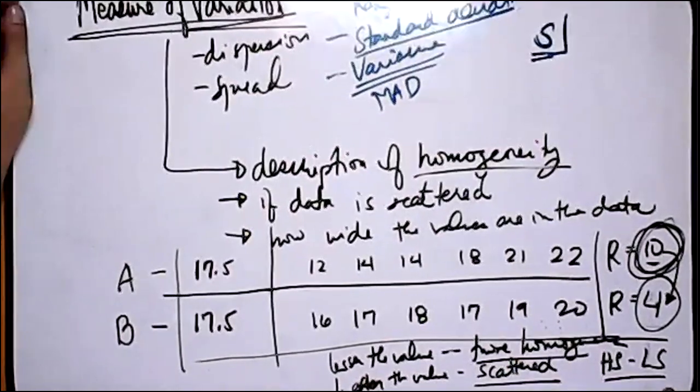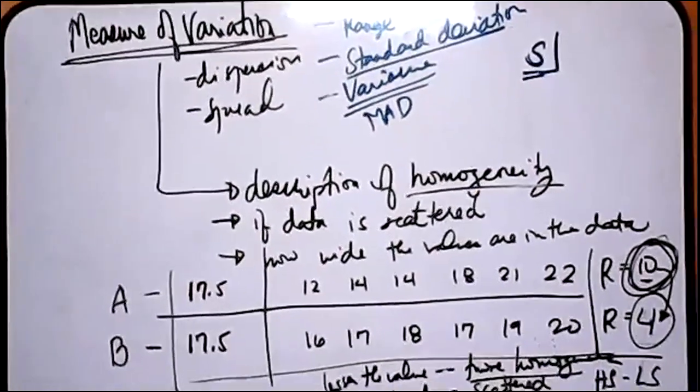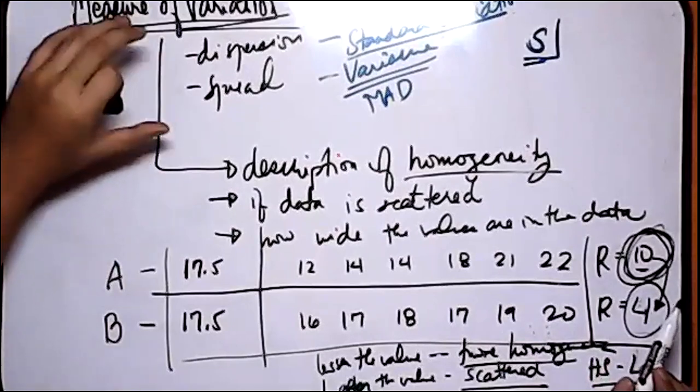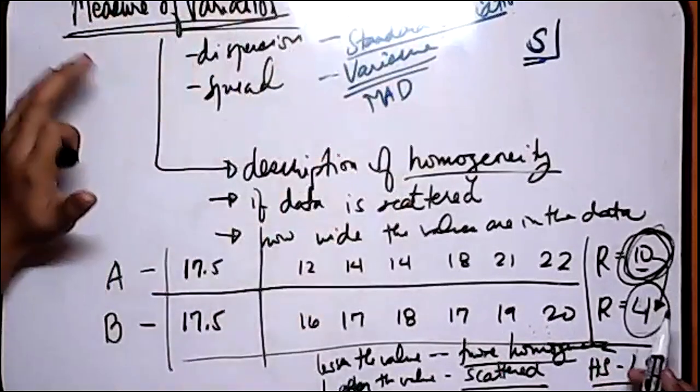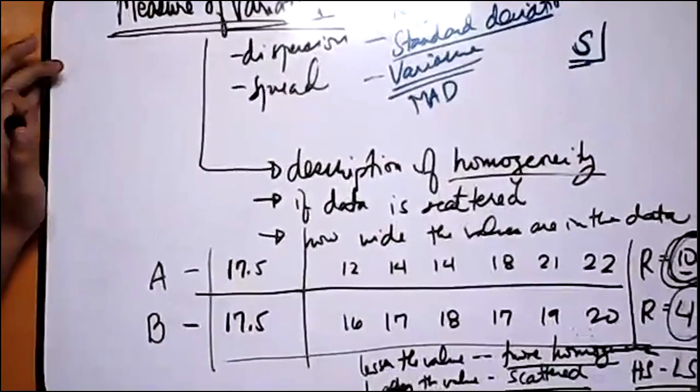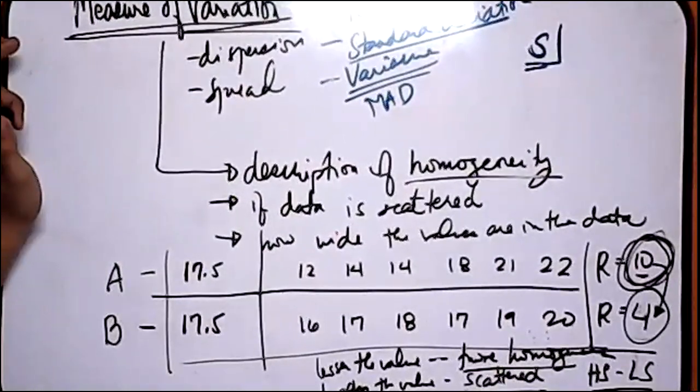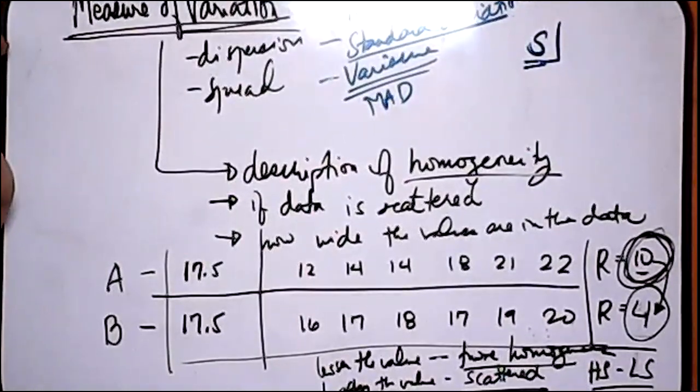All right. So I repeat, the lesser the value of your measures of variation, any of them, can be standard deviation, can be range, or anything really, it tells us that it's more homogeneous. While the higher the value, it tells us that your data is scattered.